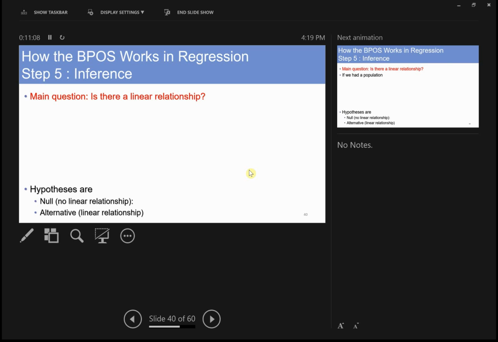It would definitely be greater than 0. So here beta 1 would be greater than 0. Here the slope would clearly be less than 0. So notice in both of these cases, beta 1 is not equal to 0, right? So the alternative is that beta 1 is not equal to 0. This is the hypothesis test we're going to run right here.